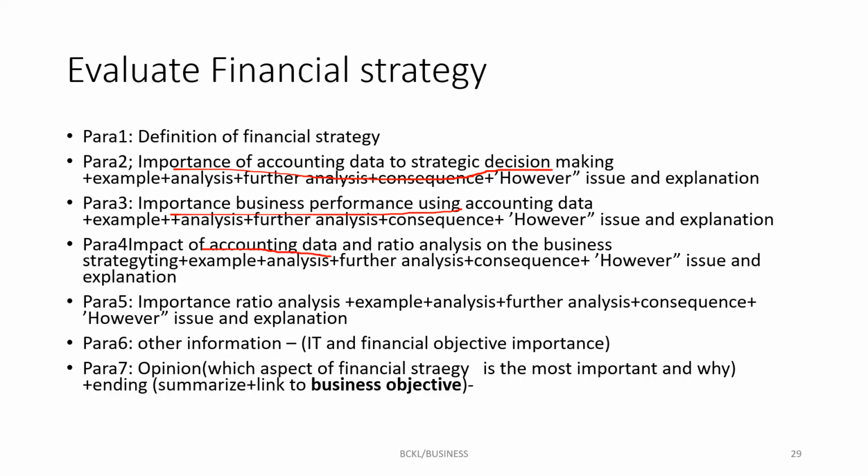Paragraph 5, the importance of ratio analysis and other information related to IT, financial strategy, and the financial objective of the business, and then your opinion, which aspect of the financial strategy you think is most important and why. And then you end, you summarize, and then you link to the business strategy.